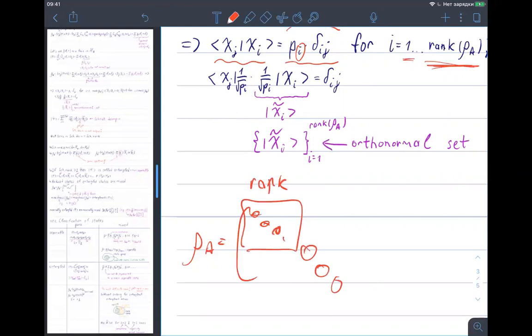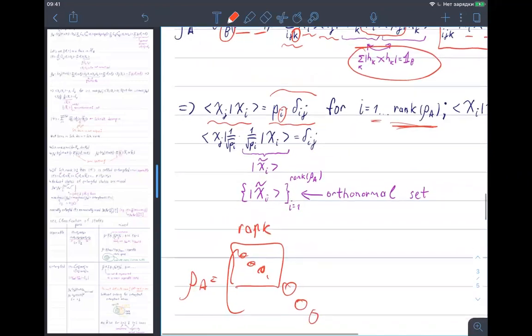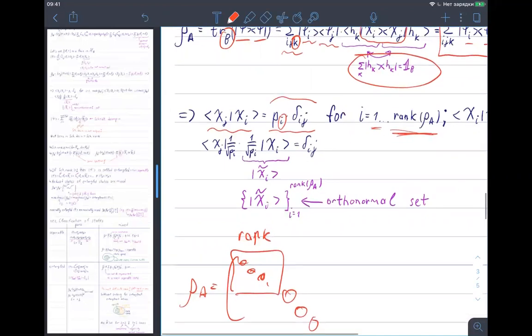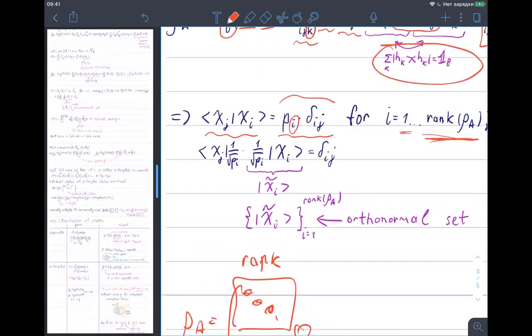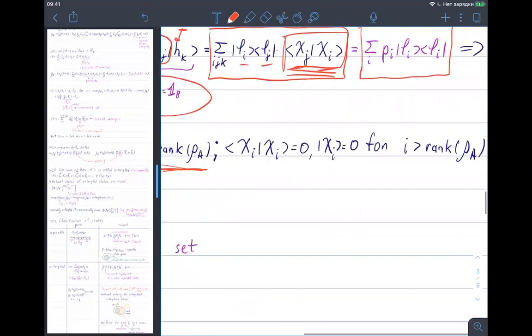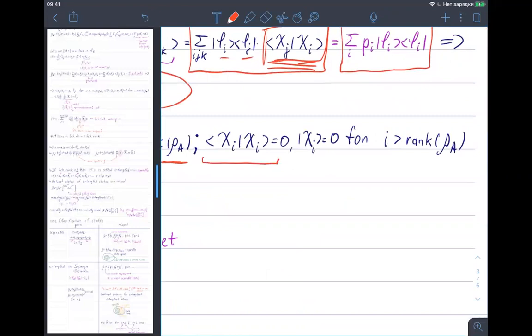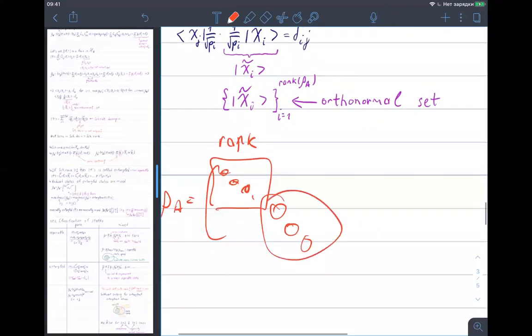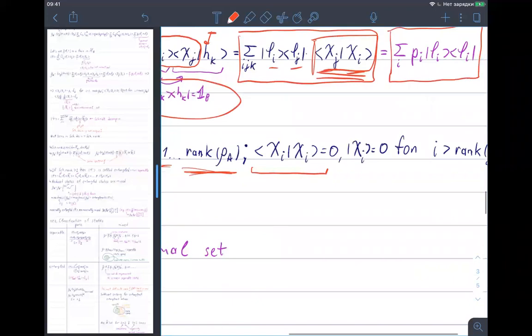So for these i's, from 1 to the rank of my matrix, I have this identity, and for all the others I do not; there I have the zeros. This corresponds to h_e_i times h_e_i being equal to 0.